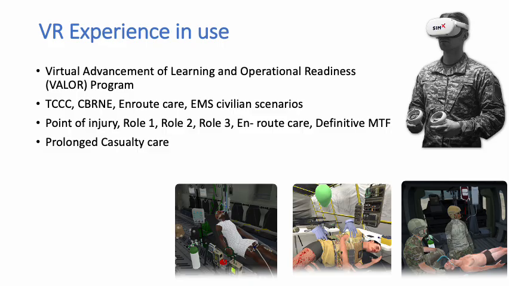And the same casualty can progress through the different scenarios. For example, you can have a casualty in en route care on an airplane during evacuation, or on a shipboard. There's a scenario in a Role 2 facility in the field, and again, prolonged casualty care with a respirator in the bottom corner here.